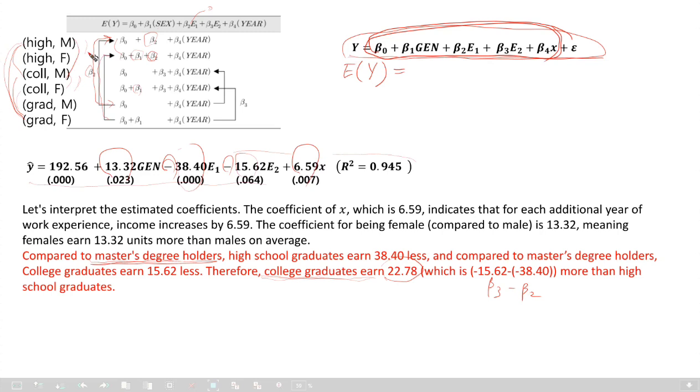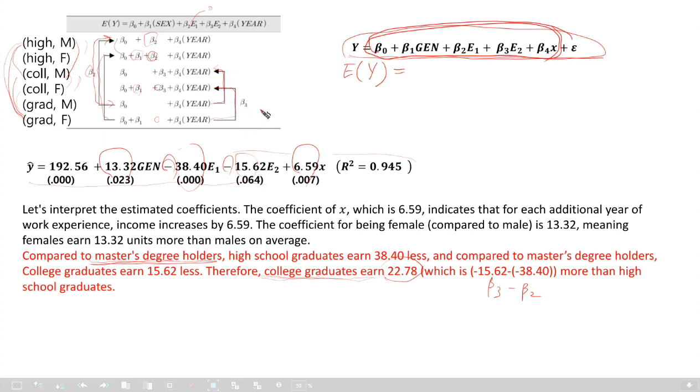And beta 3: comparing these two groups, college has beta 3 more than graduate school, for females too. So beta 3 means that compared to graduate school, college graduates have beta 3 more income.